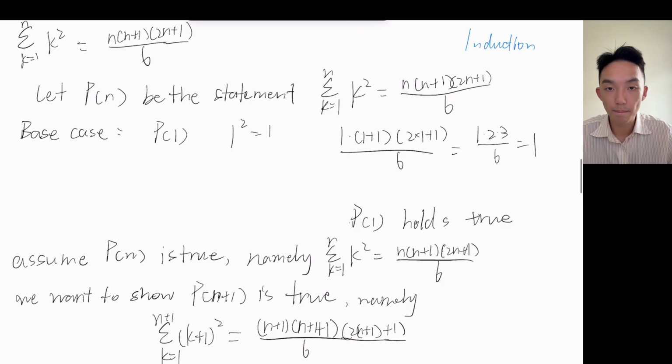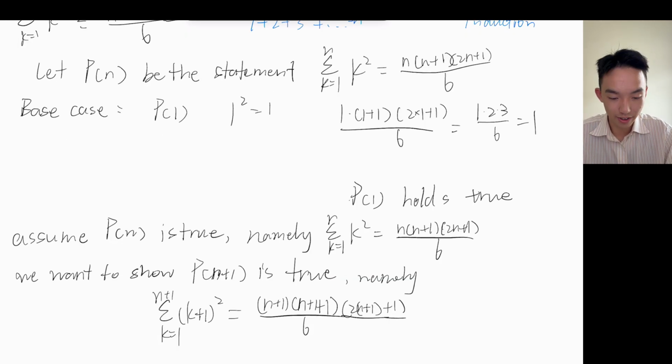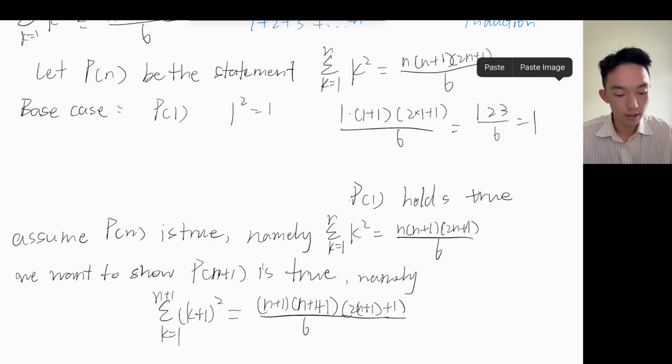P1: obviously 1 squared is equal to 1. And also we substitute k equals 1 into the formula: 1 times 1 plus 1 times 2 times 1 plus 1 divided by 6 is 1 times 2 times 3 divided by 6, which is exactly equal to 1. So P1 holds true.